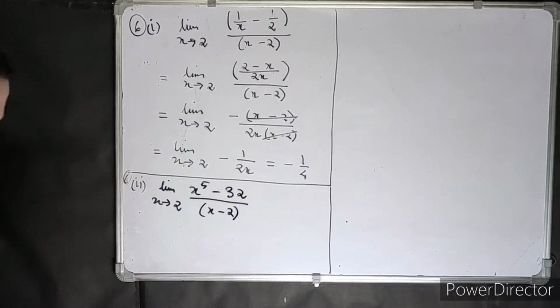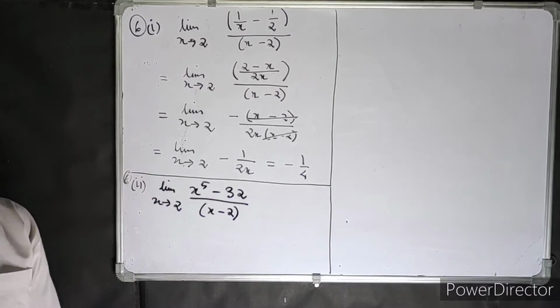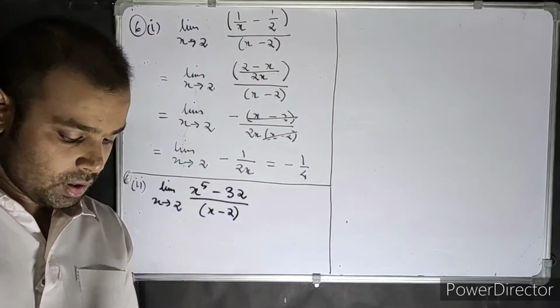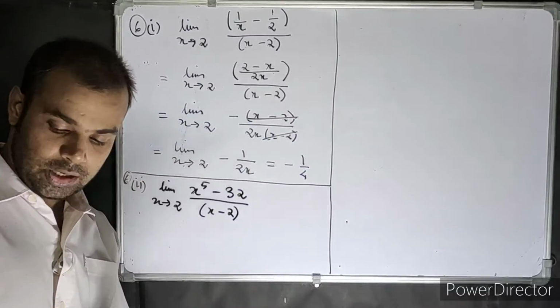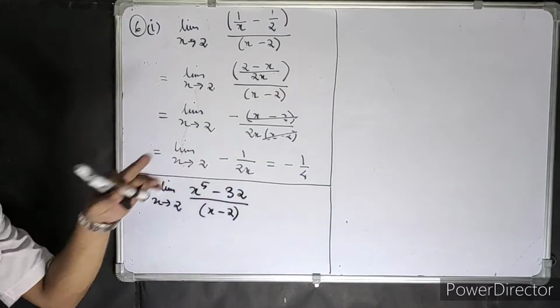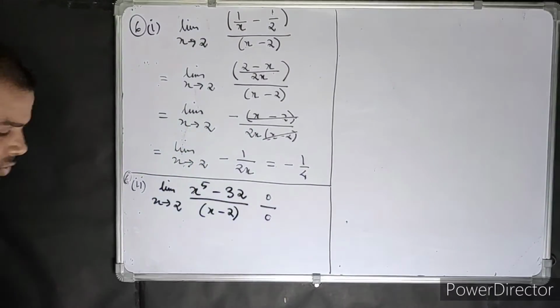Now what are you going to do? Tell me. When you put 2 here, 2 to the power 5 is going to give you 32. So you do 32 minus 32, so you get a 0 on top also. You get a 0 down also. So what are you going to do? You're going to leave the question?